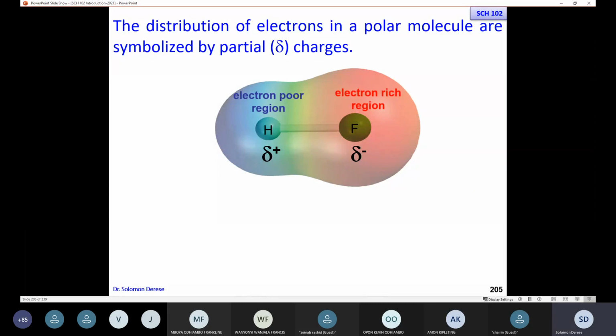As we shall see in a short while, polarization of a bond has significance when it comes to determining which particular molecule is high boiling, which one is less boiling.